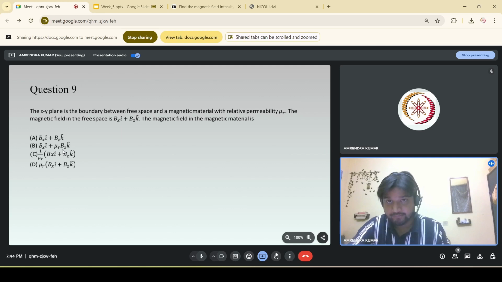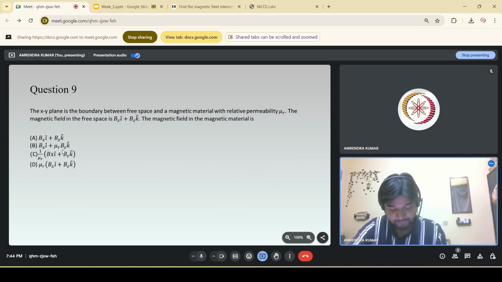So it's mu r times mu zero. The magnetic field in the free space is, let's say, this is i and this is j, so this is B_x and this is B_y, for simplicity.